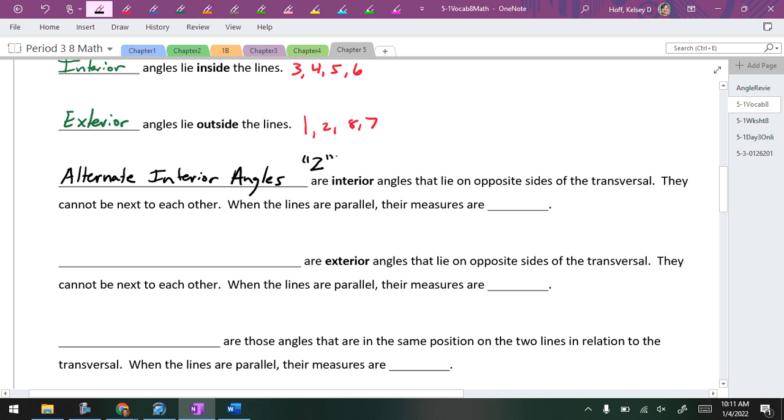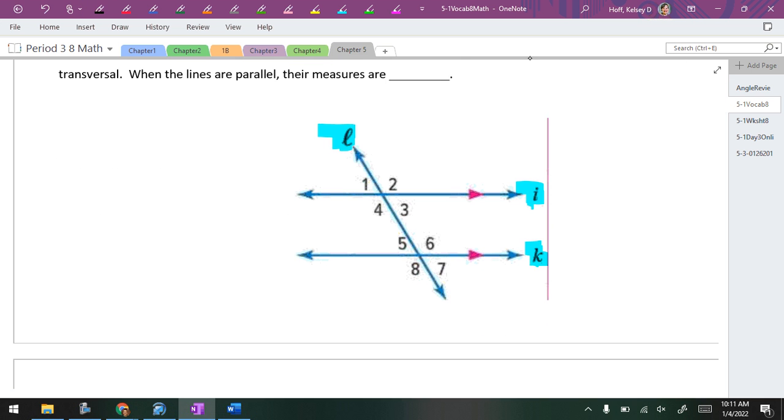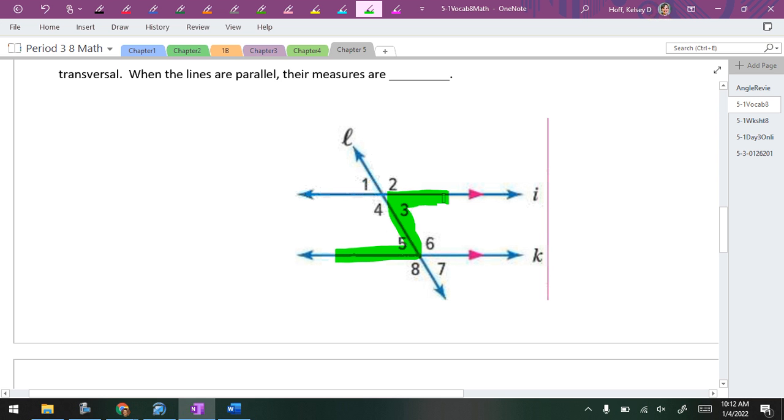Okay? So if we go back to our diagram, I need two interior angles that are not next to one another, but on opposite sides of that transversal. Mason. 3 and 5. Thoughts?